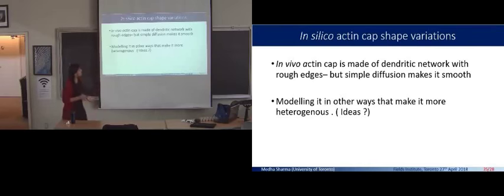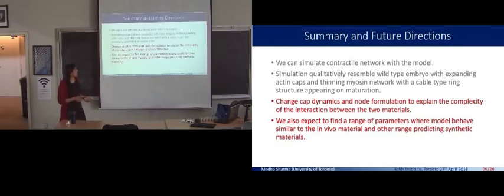But that's a general summary for me, that I want to change the cap dynamics and formulation to explain the whole complexity of the interaction, and I would also like to explore a range of parameters that may suggest what the model behavior is, and maybe give another range of parameters that may be similar to some synthetic materials.